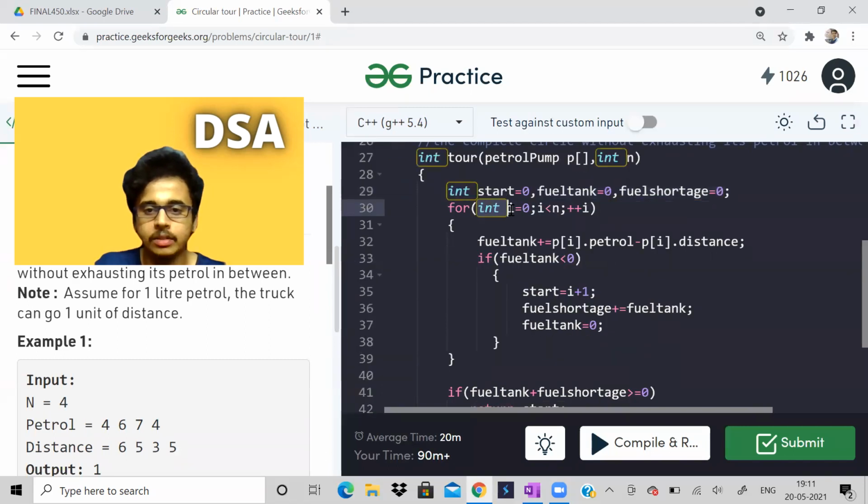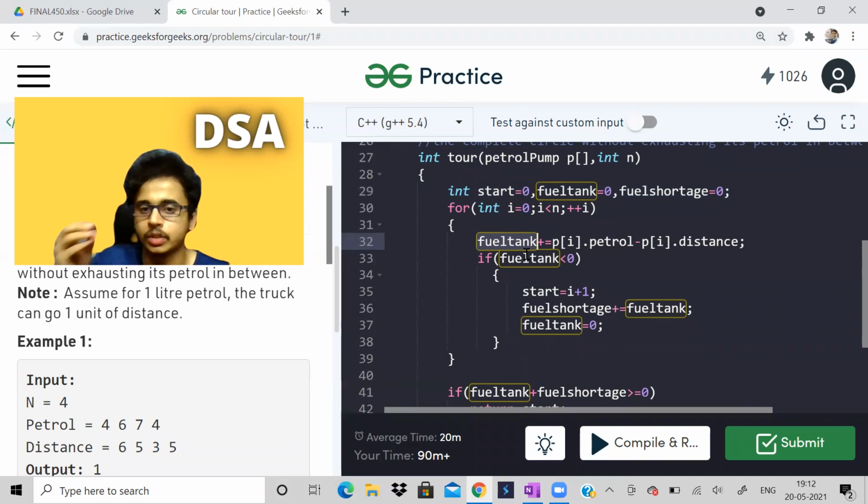I am traversing through all the petrol pumps, and what am I doing? I am just putting fuel in the tank. So fuel in the tank will be petrol minus distance. That much will be remaining after I take from one petrol pump to another. So that much is the amount in the fuel tank.